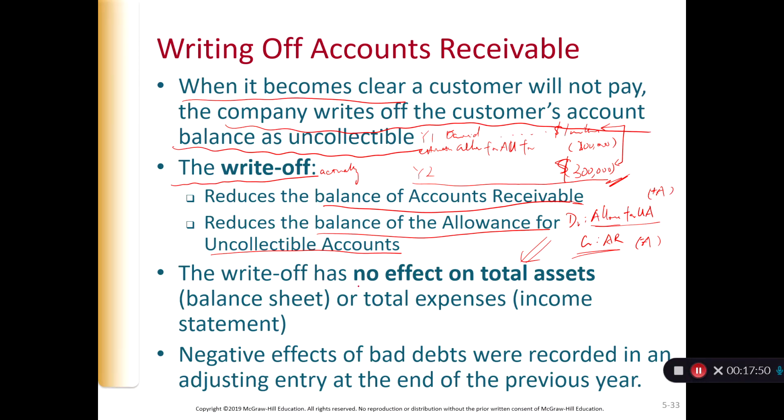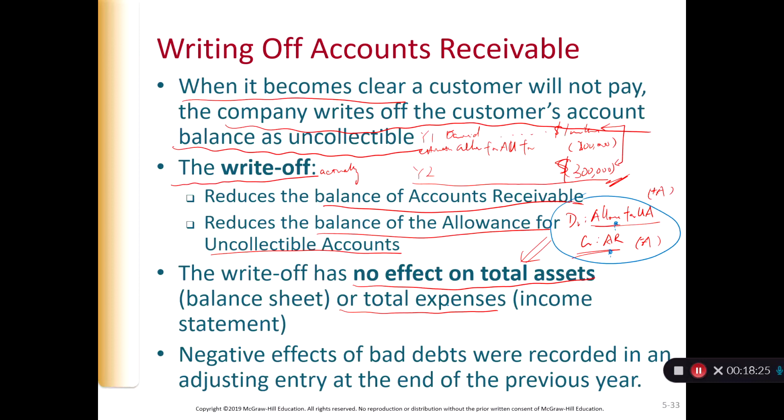Hence there's no effect on the total assets or total expenses, right? Because this entry has nothing to do with the income statement at all. In other words, because the write-off reduces both the asset account and the contra asset account, there's no decrease in total assets at all, and no decrease in net income.